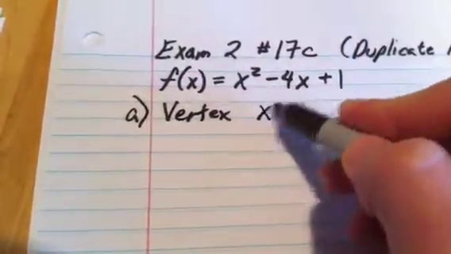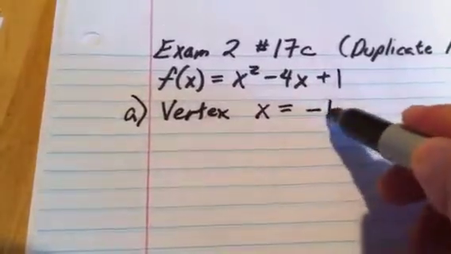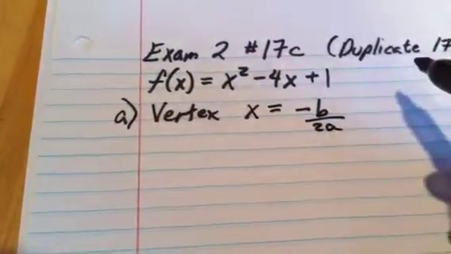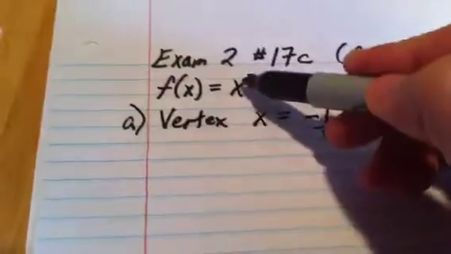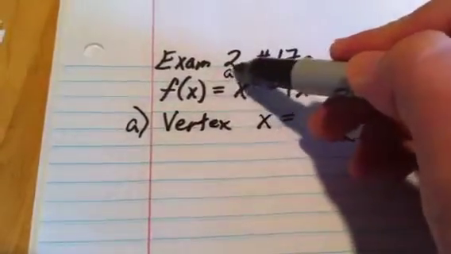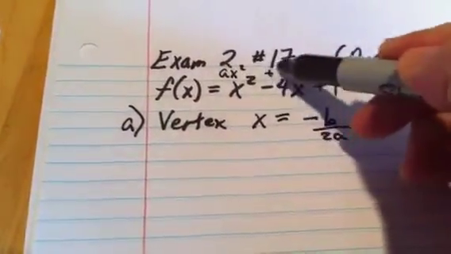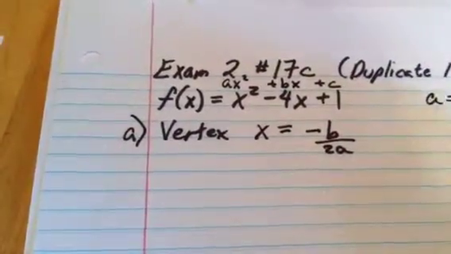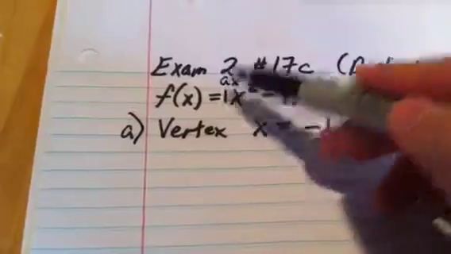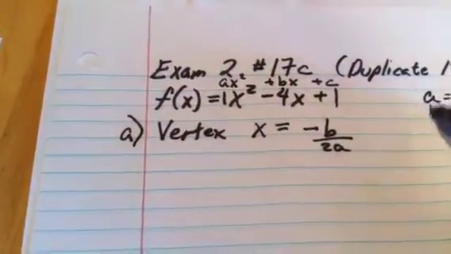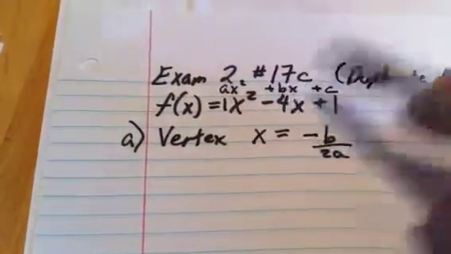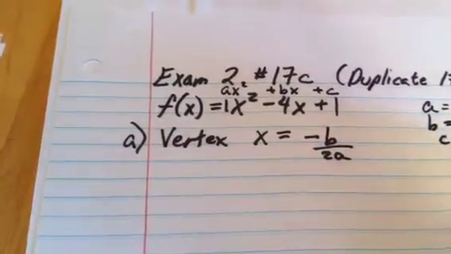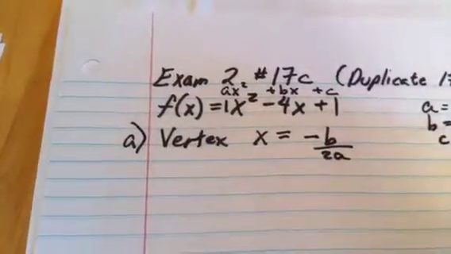And you can always find a vertex by using x equals negative b over 2a. If we're comparing this original equation to ax squared plus bx plus c, we can see that our a is that imaginary 1 there, our b is a minus 4, and our c is 1.